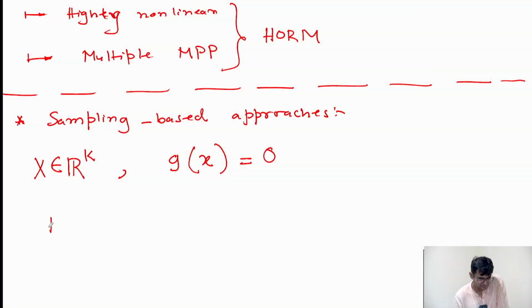Now, given this, what is the probability of failure? Fundamental. What will be the probability of failure given this information?